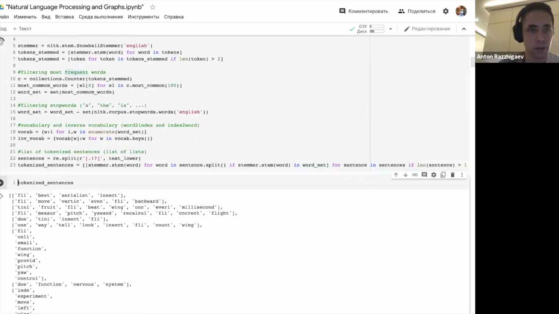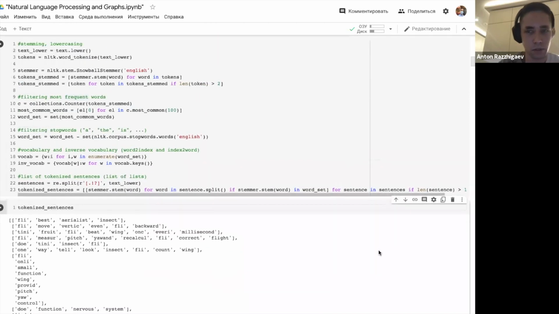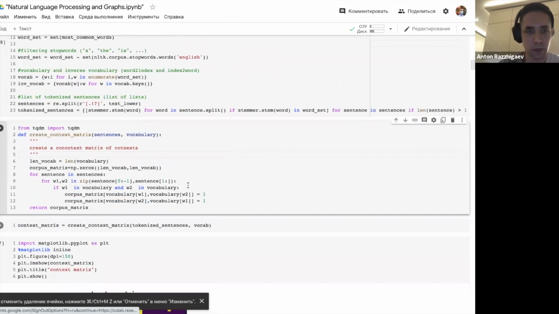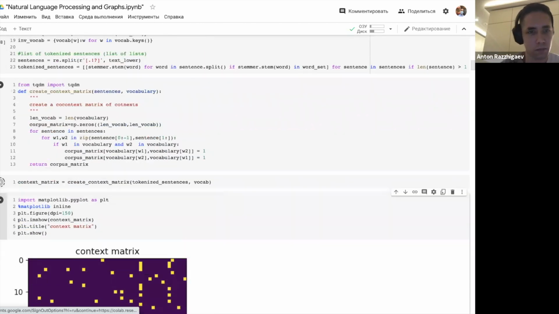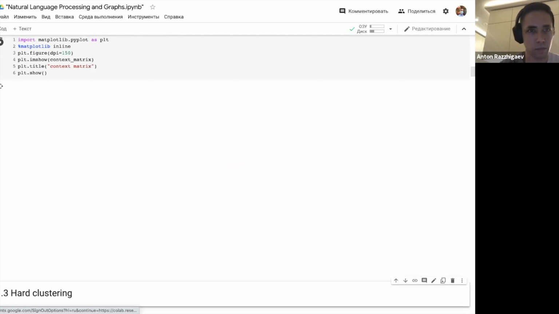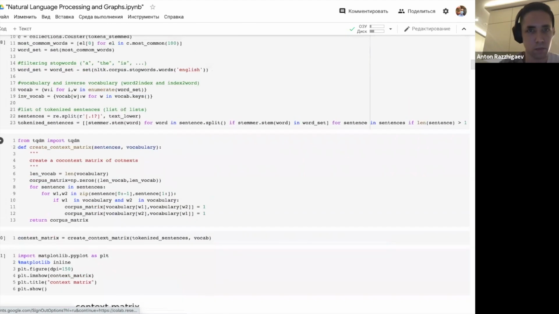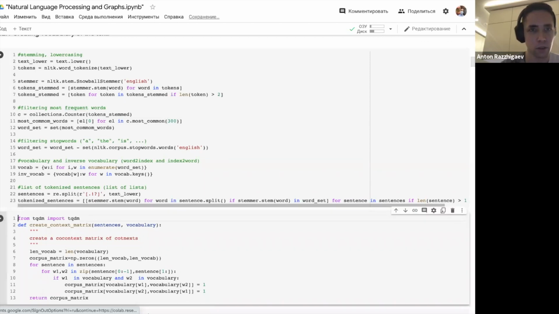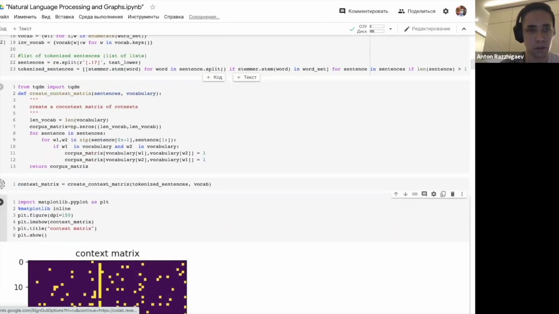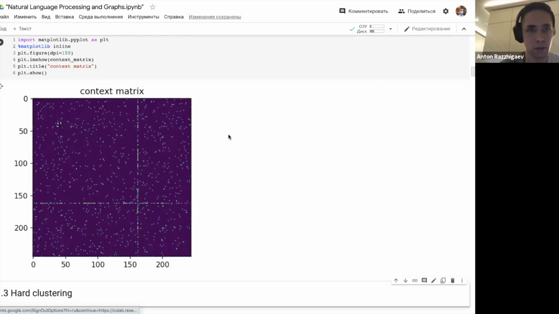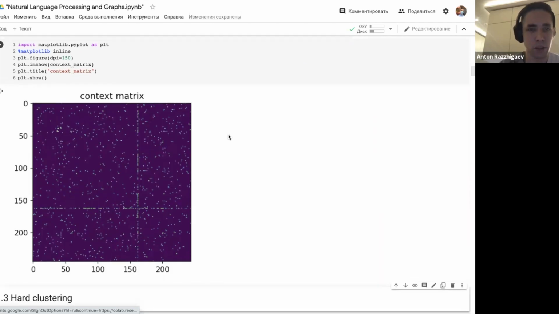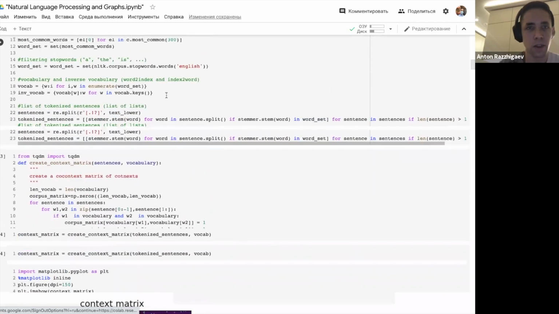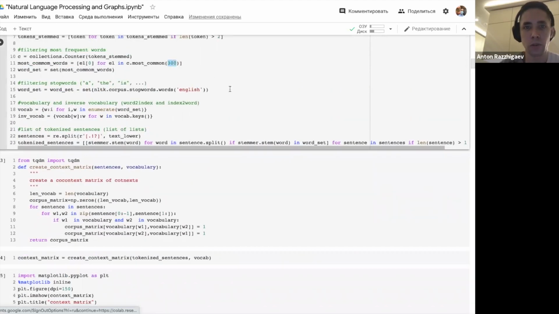Again, tokenize. Context matrix. Small words, I think. So here is a context matrix of the 300 most common words from this text.